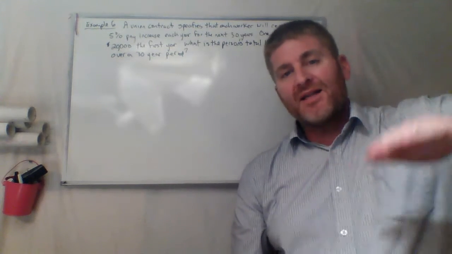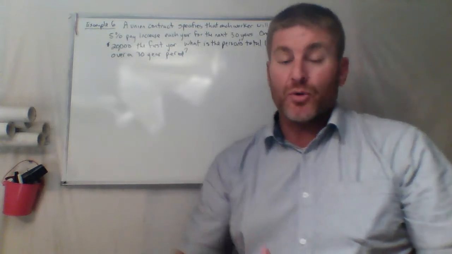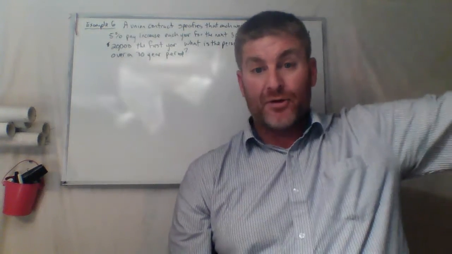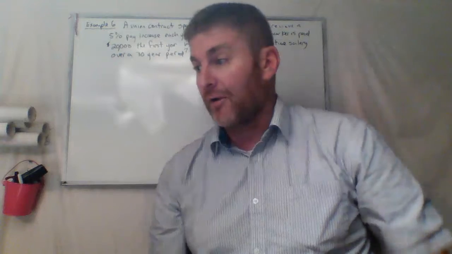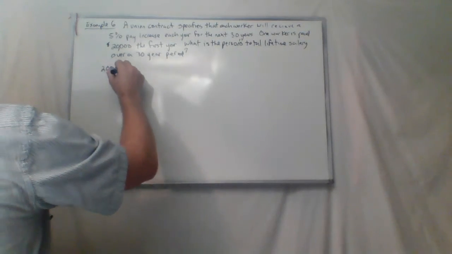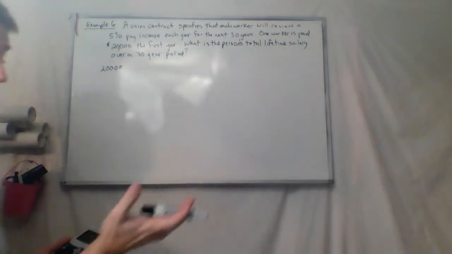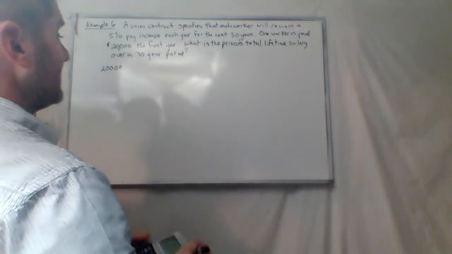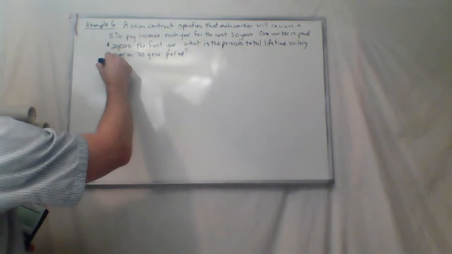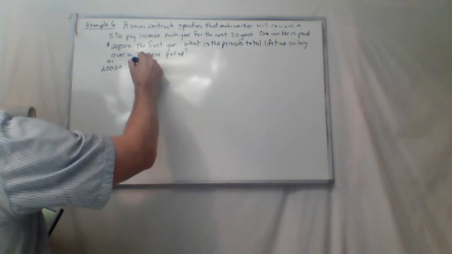Now, anytime anything goes up by a percentage or down by a percentage, you're dealing with a geometric, an exponential pattern. Try to guess what the rate is. I already know what it is, and you should too, but I'll go over it. So this would be the first year, that's A1. What would A2 be?